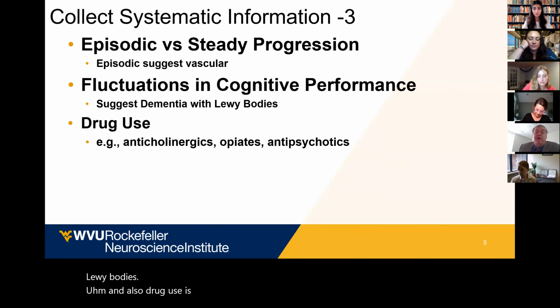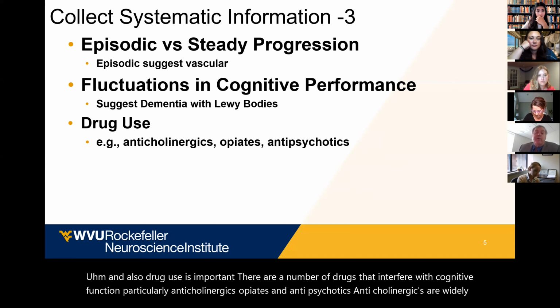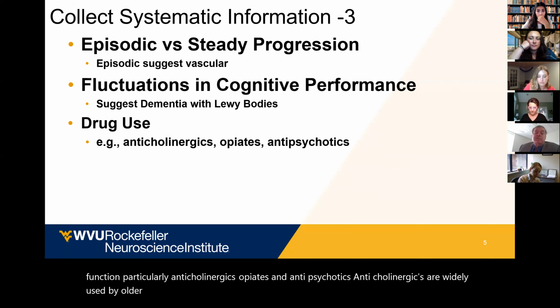There are a number of drugs that interfere with cognitive function, particularly anticholinergics, opiates, and antipsychotics. Anticholinergics are widely used by older patients for insomnia.